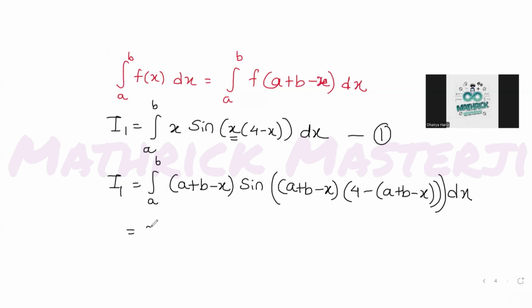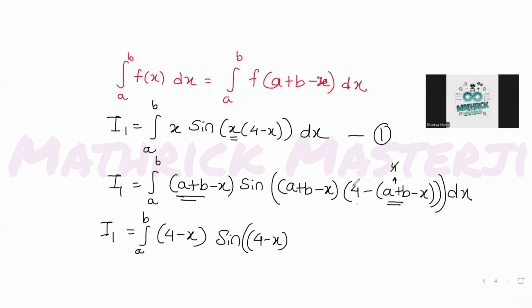Further, a plus b, we know, is 4. So it's (4 minus x) sine of (4 minus 4 plus x), where 4 minus 4 cancels. Minus minus becomes plus, so sine of x dx. Let's say this is 2.